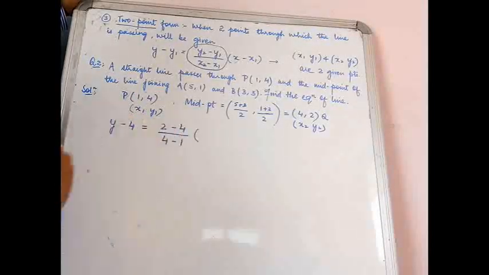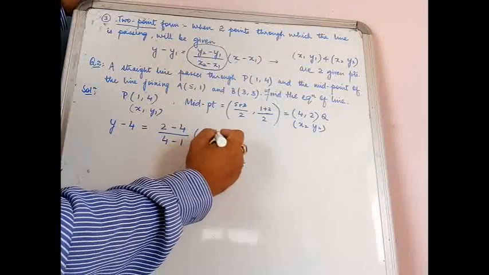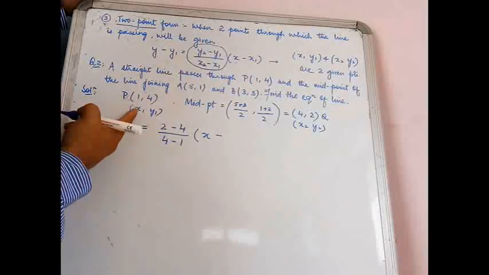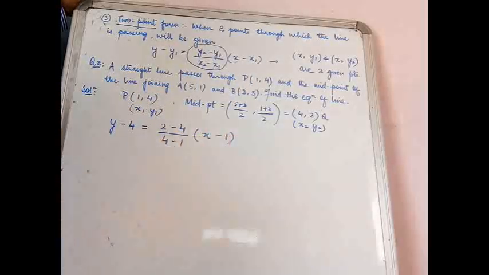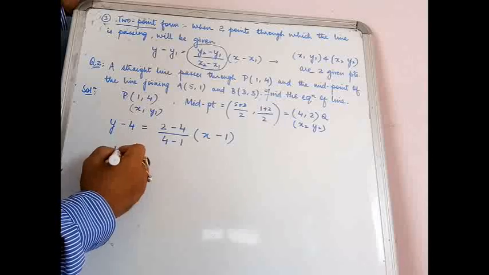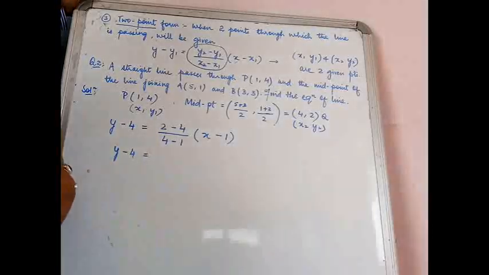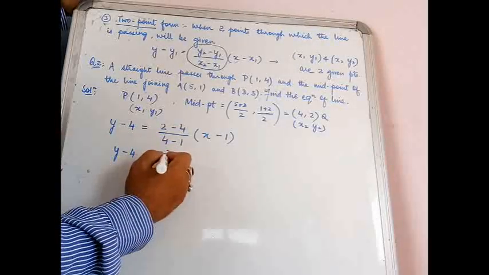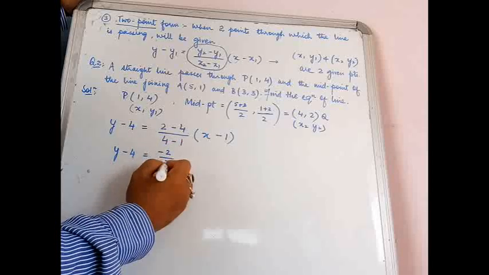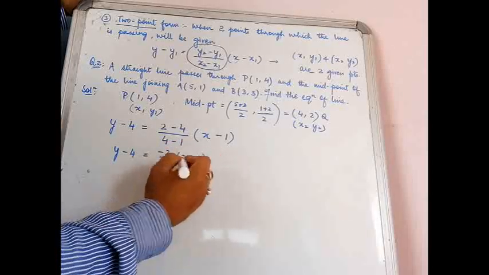And then in brackets you have (x minus x1), x1 is 1. So y minus 4 becomes equal to 2 minus 4, obviously minus 2, upon 4 minus 1 which is 3, times (x minus 1).